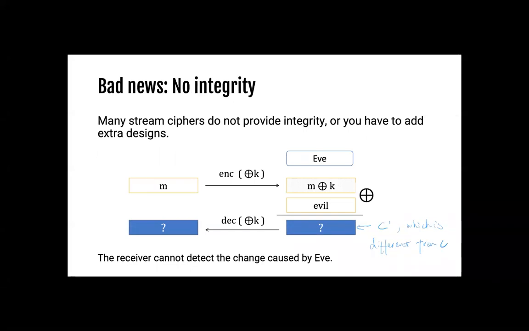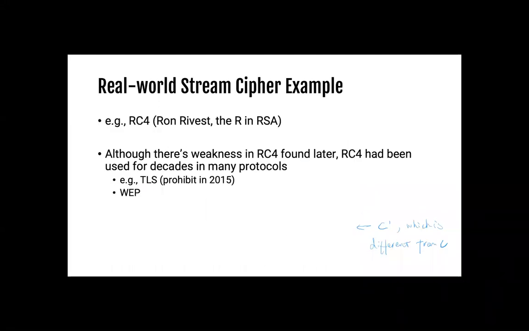Usually, stream ciphers either just live with this problem, use another way to guarantee integrity, or add more layers of design in order to guarantee integrity. We're not going to talk about that in our lecture, but if you're interested, you can check real-world stream cipher examples. For example, RC4 is one of the most favorite and most popular stream ciphers in the real world.